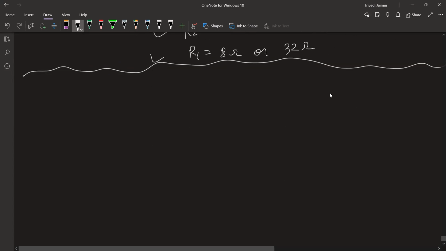Okay, I'm going to solve one method here. It is not there for CBSE, but it is there for competitive exams, so we are doing it.